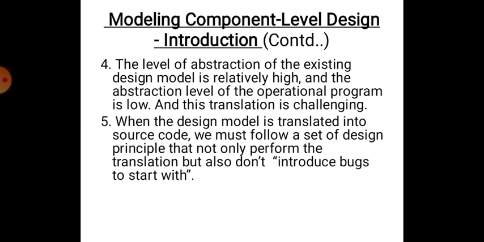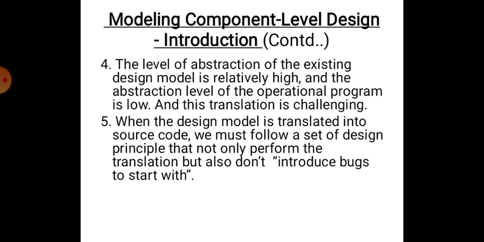Point number 4. The level of abstraction of the existing design model is relatively high, and the abstraction level of the operational program is low, and this translation is challenging.